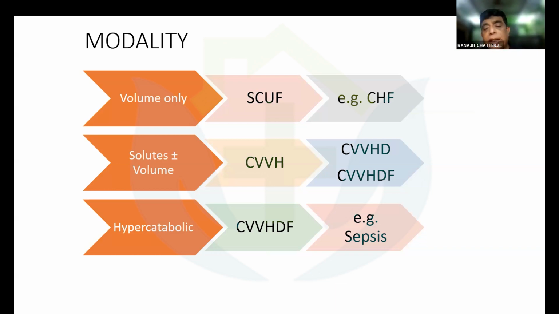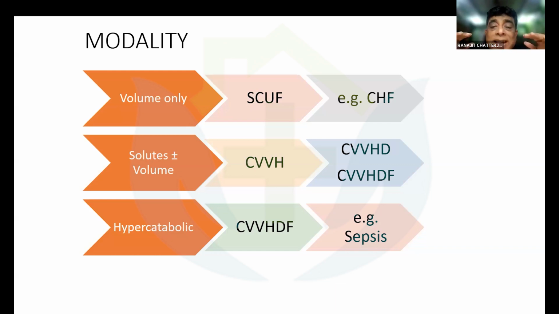So remember this only, dialysis depends on the principle of diffusion from higher concentration to lower concentration across a semi-permeable membrane. So when something is diffusing, only the small molecules like urea, creatinine, sodium, potassium, bicarbonate, they will diffuse. But when you are doing hemofiltration, you are taking two concepts, ultrafiltration and convection.